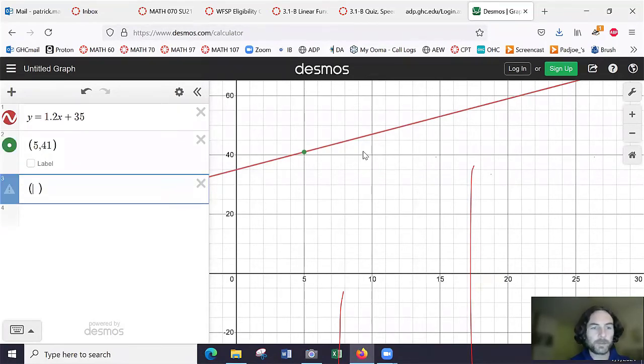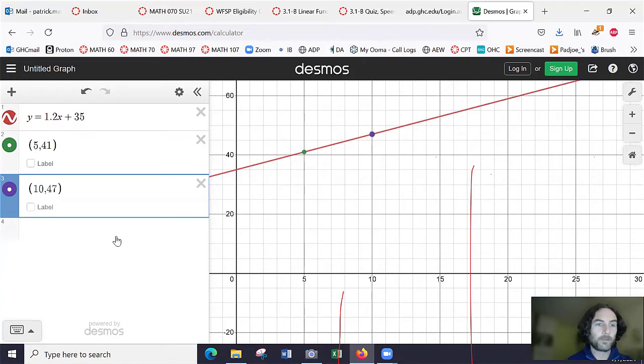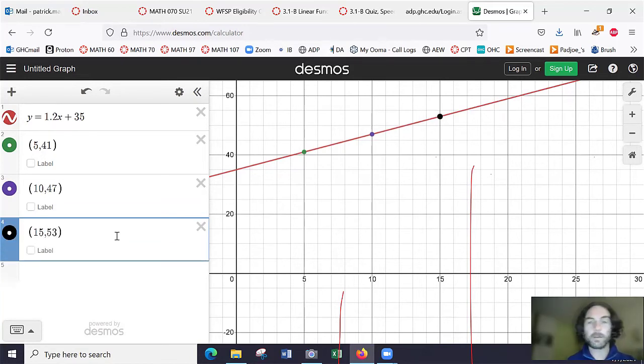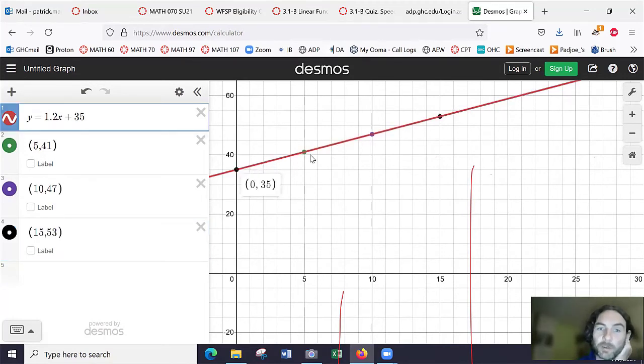So 10 days we had 47, right? And 15 days we had 53, right? And so my point is, see how these points are on a straight line, right? You see that?